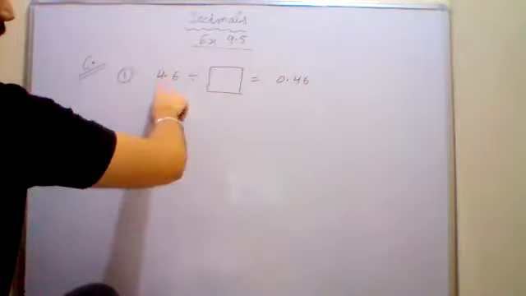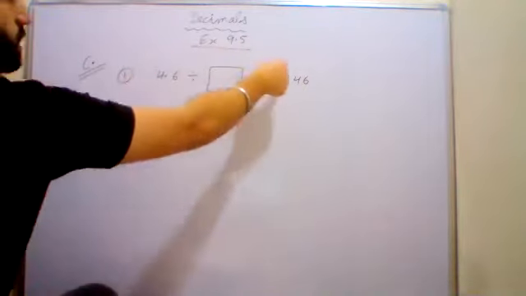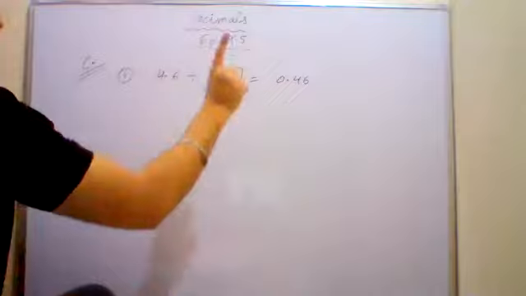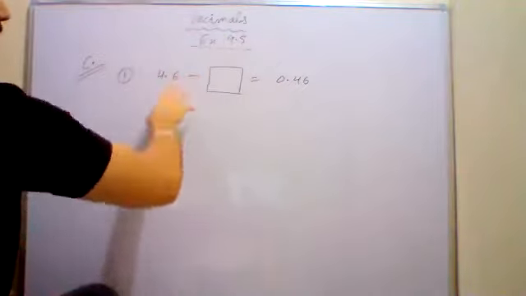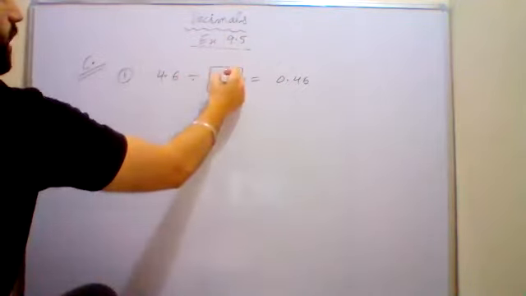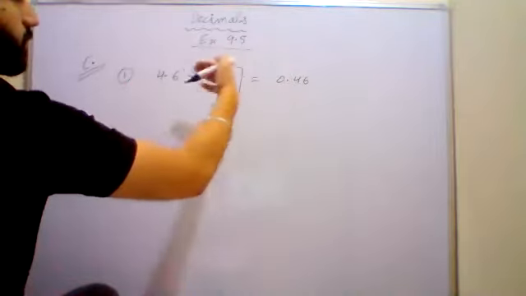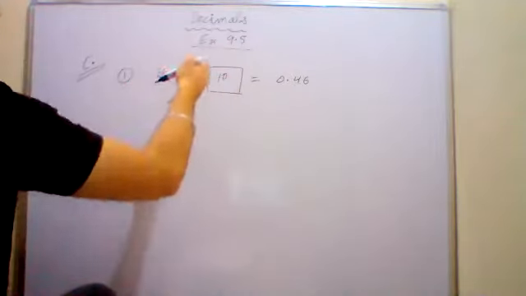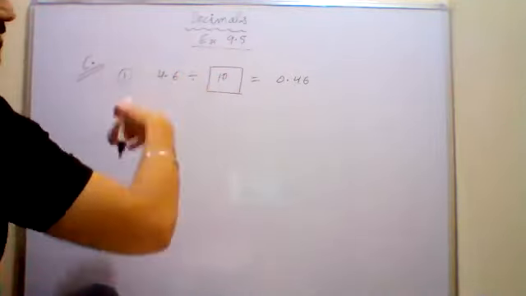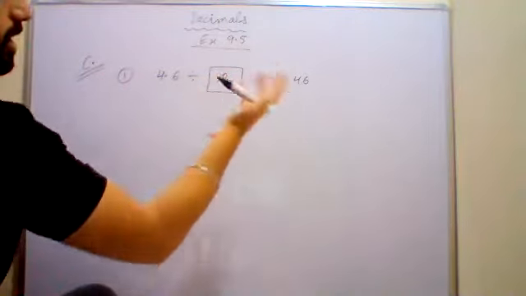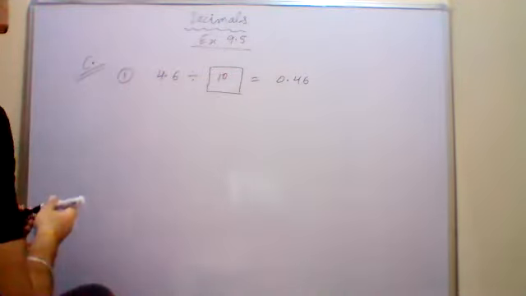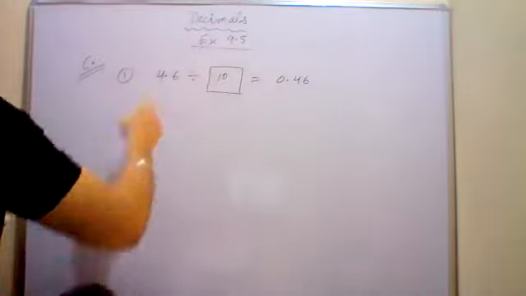You can see the decimal has moved one place to the left side. That means we will divide the number by 10 to move the decimal one place to the left side. If we have to move the decimal one place to the left, we divide the number by 10. You got it or not? Answer is 10.